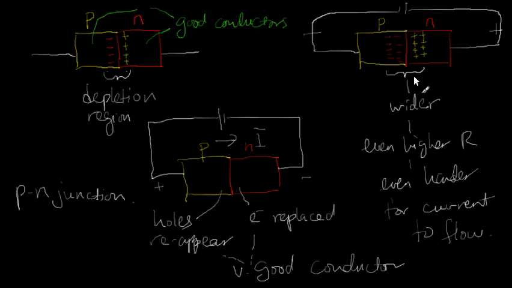In the last video, I explained how the movements of the electrons and holes can change the resistance around the junction of this setup, this P and N connected together setup, so that current cannot flow when the battery is connected one way, and current can flow when the battery is connected in the opposite way.